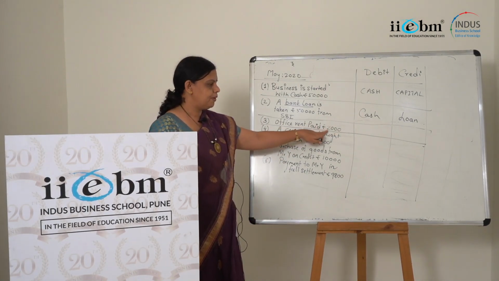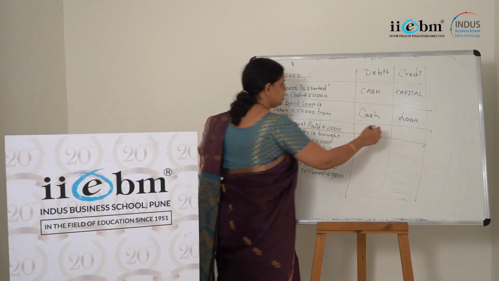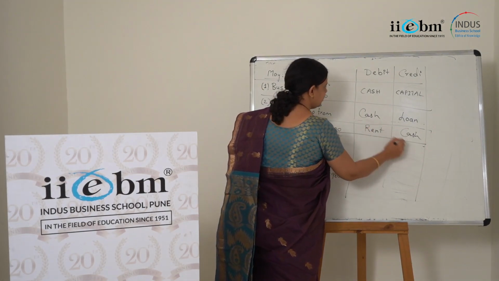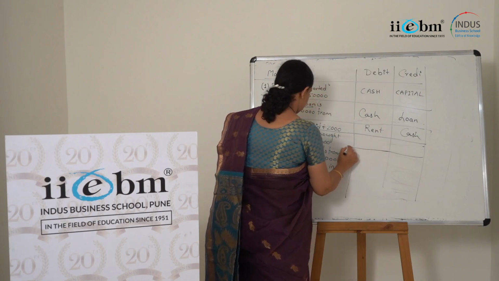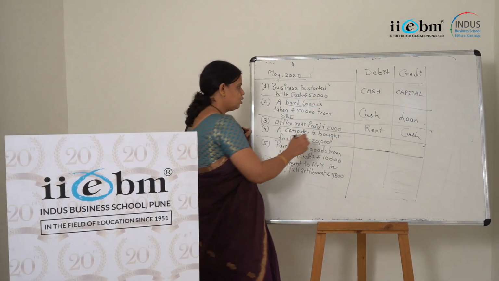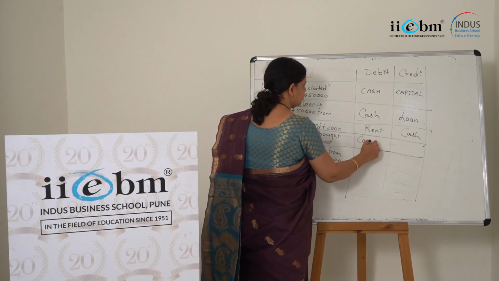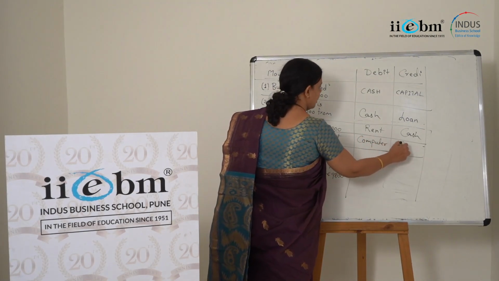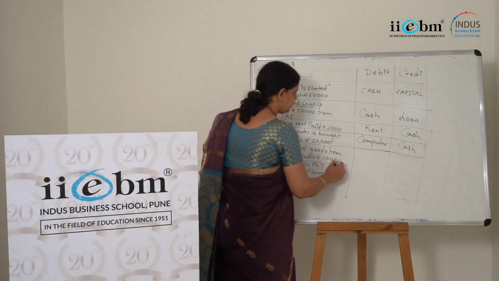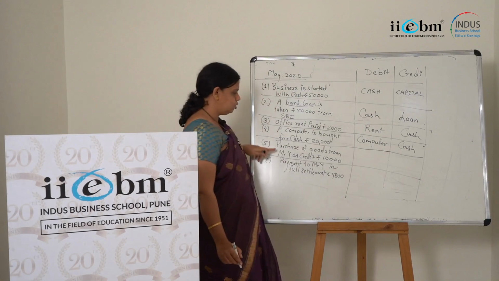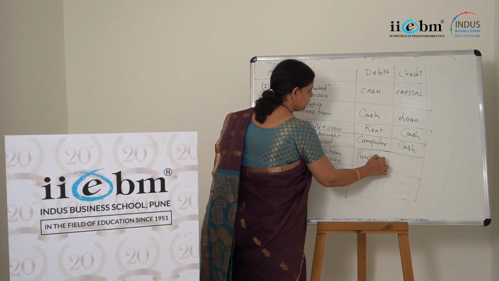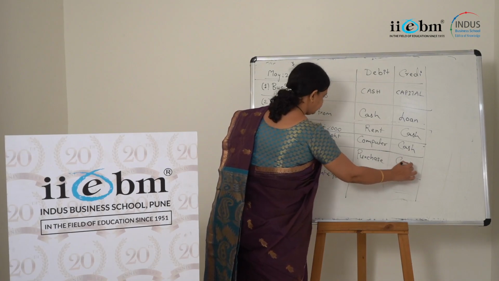Then office rent paid, rupees 2,000. So what is going out? Cash is going out, and rent I am debiting, right? What is the next transaction? A computer is purchased for cash. So the computer is coming in: computer debit and cash credit, right? What is the next transaction? Purchase of goods. So purchase debit and cash credit.